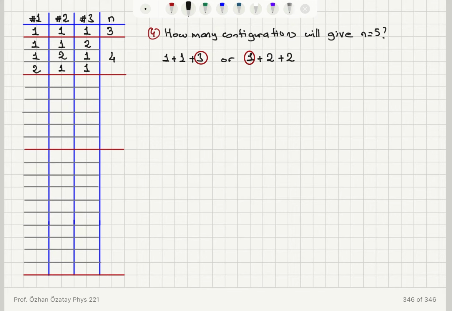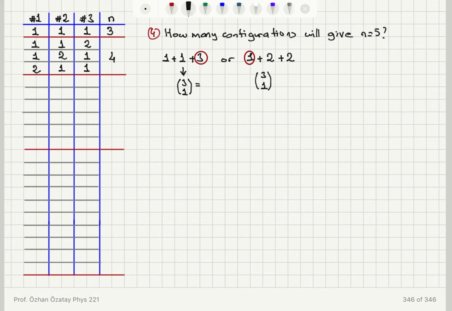So for this one, basically I'm picking one object out of 3 in order to assign to it number 3, and here I'm also picking one object out of 3 in order to assign to it number 1. So this is either 1 1 3 or 1 2 2, where the 3 and 1 can be assigned to number 1 die, number 2 die, or number 3 die.